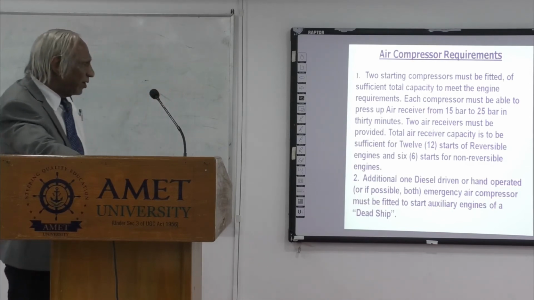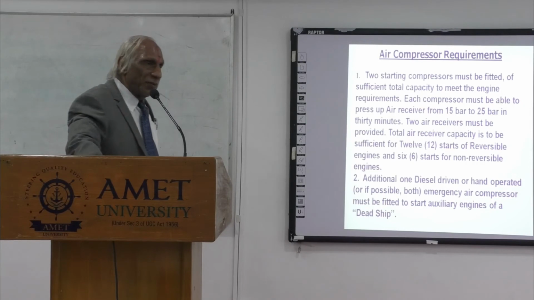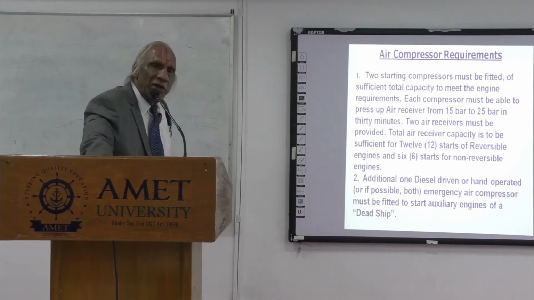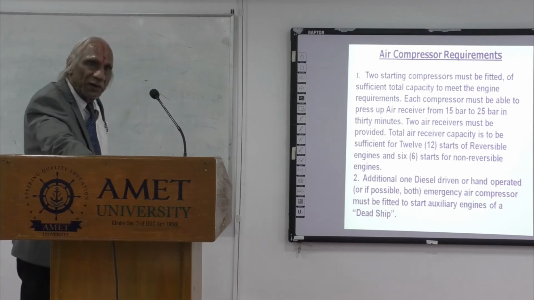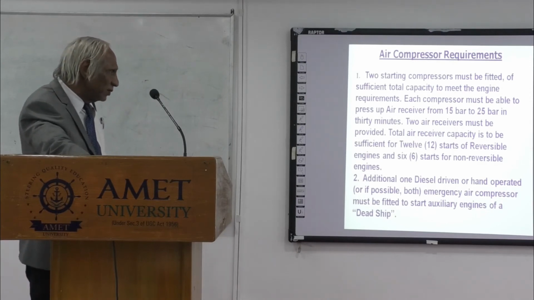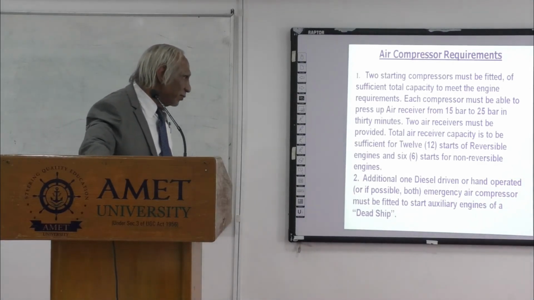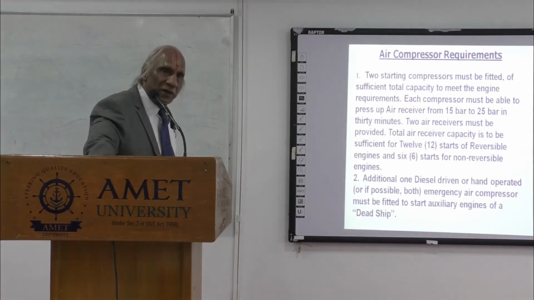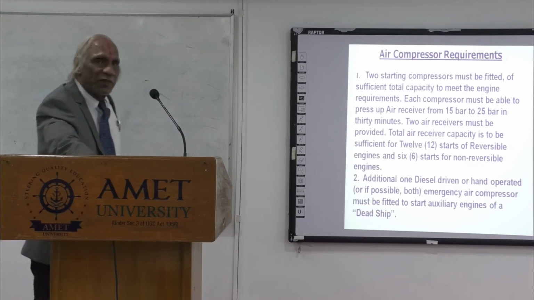When the power fails, the main air compressor becomes useless. So you should have a backup arrangement to recover from a blackout condition or a dead ship condition. Therefore, you have an emergency air compressor, which can be either diesel driven or electric motor driven. If it is electric motor driven, where is the power coming from?